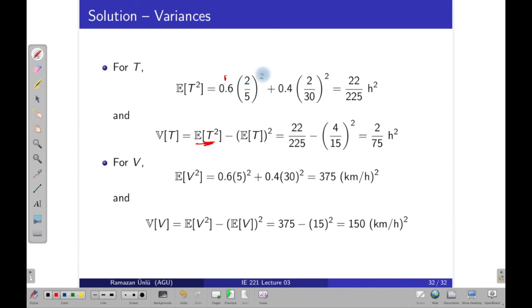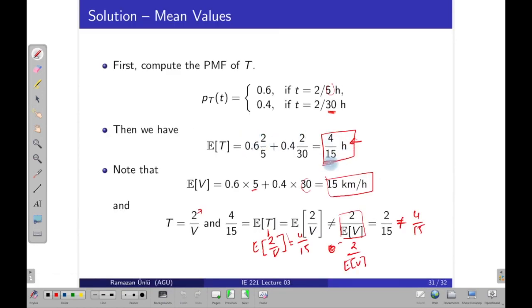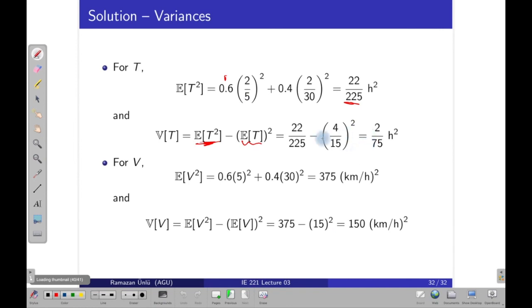We just squared them. At the end we get 22 divided by 225 hours squared. And this other term we calculated here, which is 4 over 15 hours, and this will give us 2 over 75.